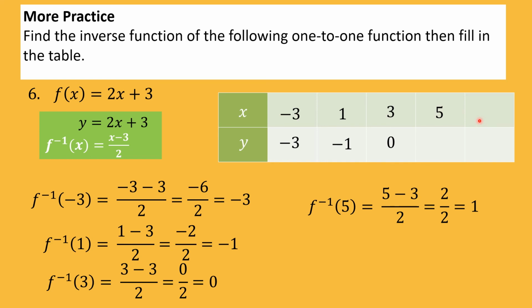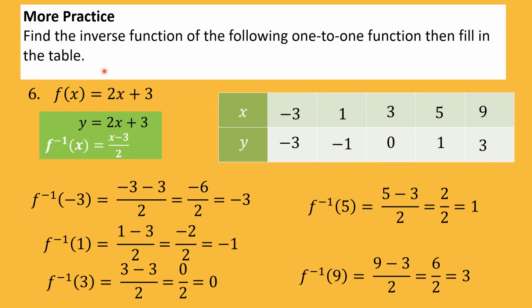So, f raised to the negative 1 of 5 is equal to 5 minus 3 all over 2, equal to 2 divided by 2 is equal to 1. And last is 9. So, f raised to the negative 1 of 9 is equal to 9 minus 3, that is 6, all over 2. 6 divided by 2 is equal to 3. So, yan ang ating nakuha na values ng ating inverse function.